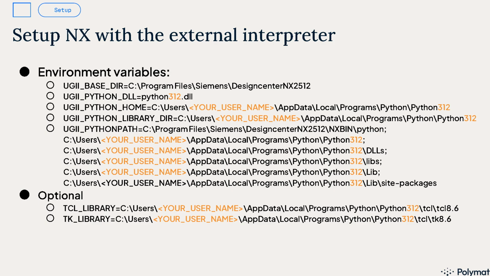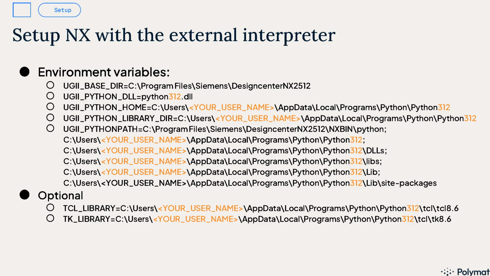And then the rest of them are just, again, pointing to your Python installation. So under AppData, the root folder of Python, the DLLs, the libs, the Lib, two different things, and then also the site-packages. And if we set all these environment variables, either as system-wide environment variables or in a command file, and we start NX, it will pick up our installation.